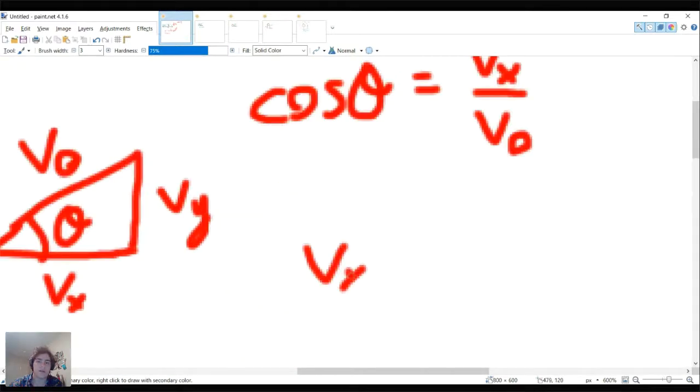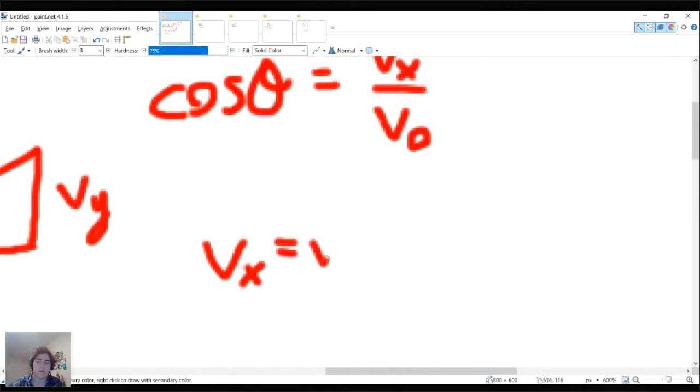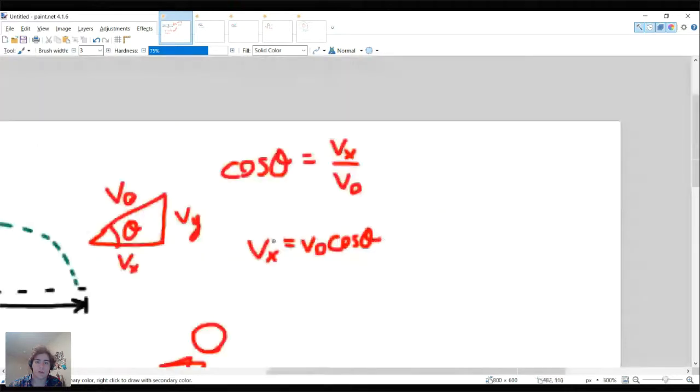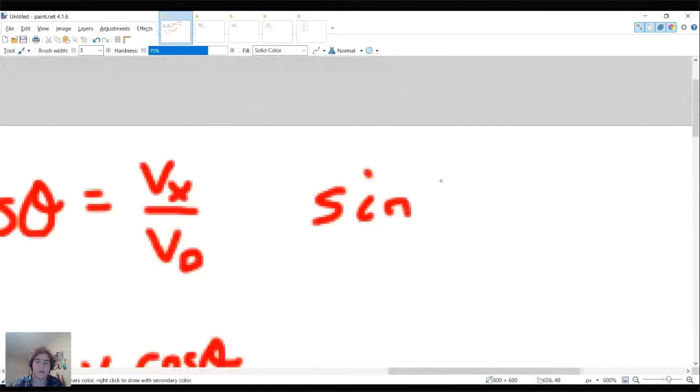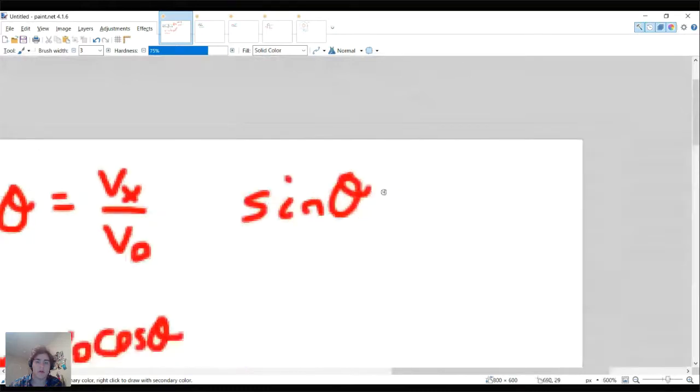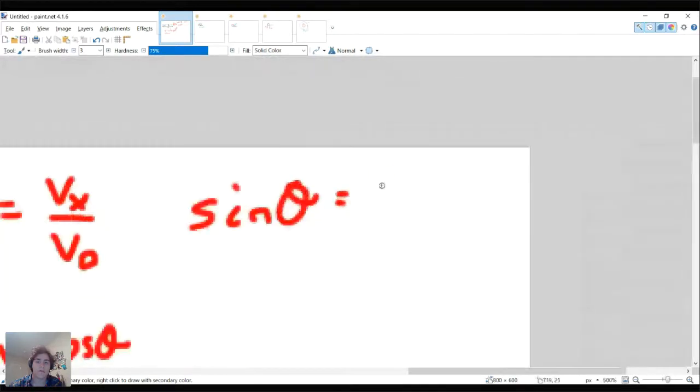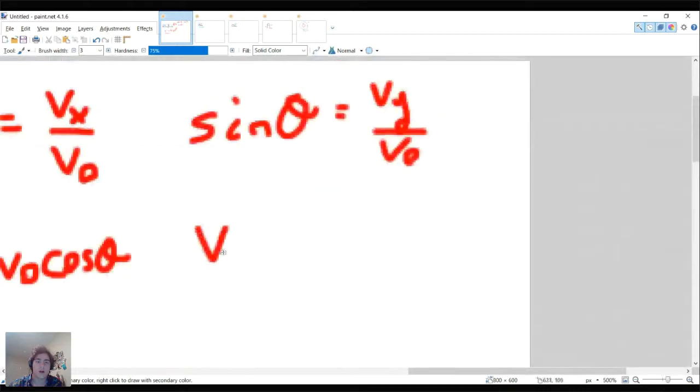So vx is equal to v0 cosine theta. And then you have the other common trig ratio, sine theta, which is vy over v0. So vy, and it's also important that this is the initial vertical speed, is v0 sine theta.